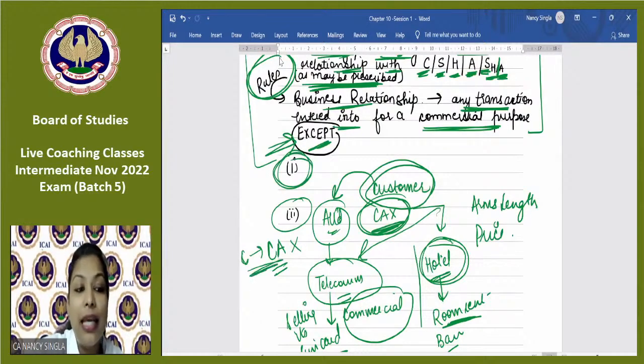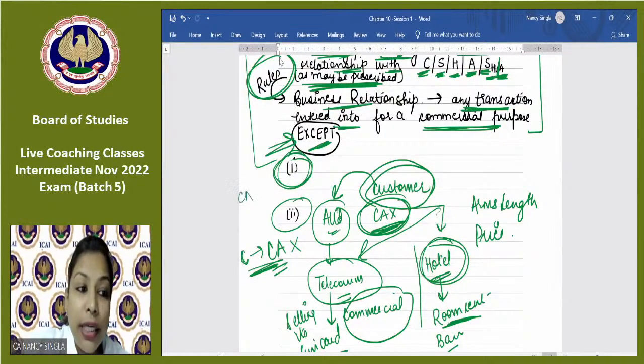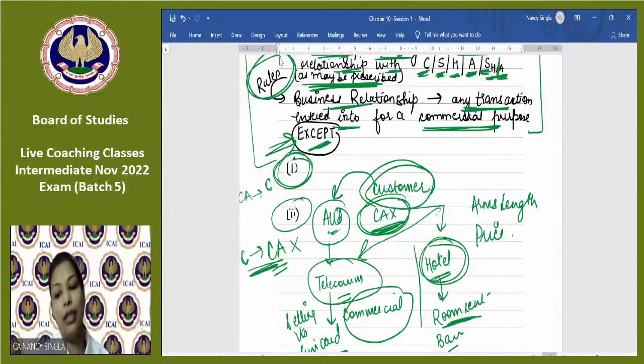नाउ पॉइंट नंबर 1, एक्सेप्शन 1. तो यहां पर क्या है, A Limited is giving certain product to the auditor and vice versa. That is, the auditor here is giving certain services to the company. तो उसको भी ऐसे तो देखो ना, for an auditor, what are the commercial purpose? Business क्या है? यही है ना, टैक्स ऑडिट करना, है ना, स्टैट्यूटरी ऑडिट करना.